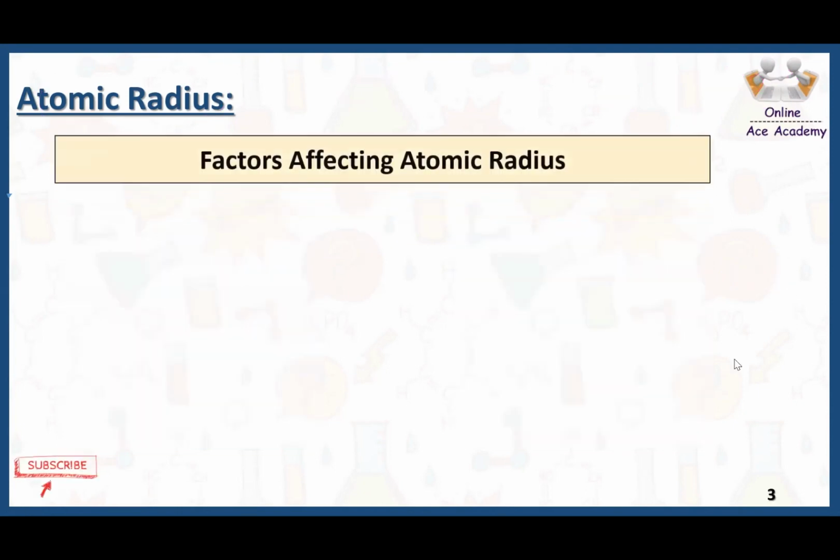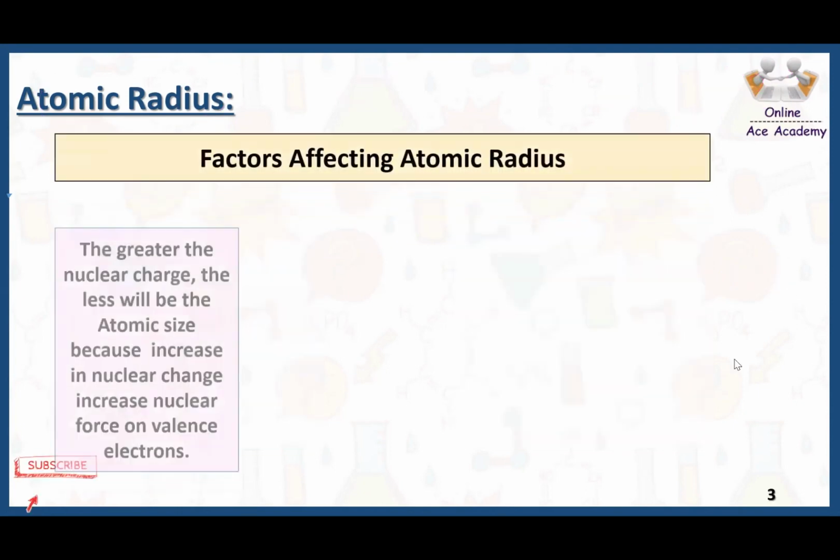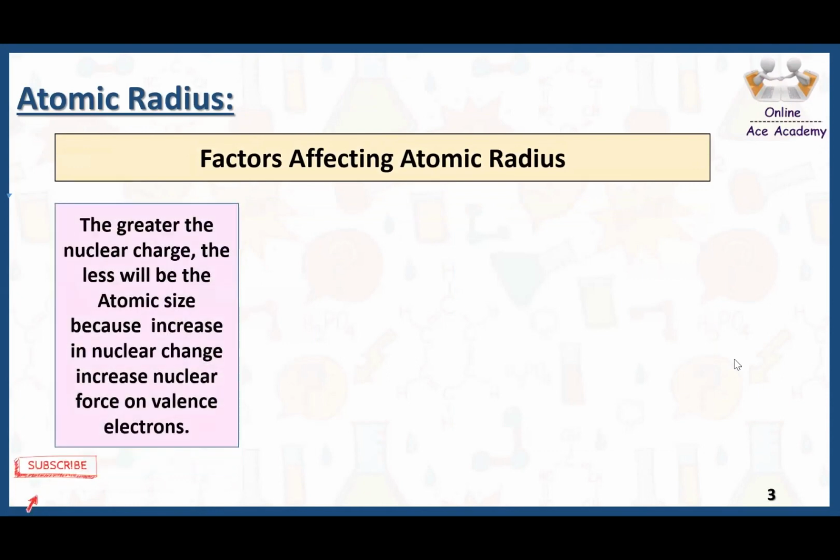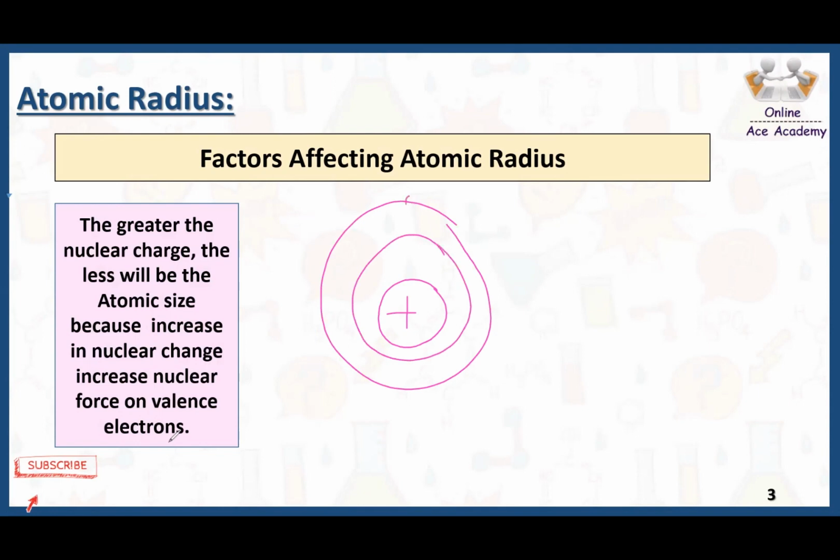Now here we have some factors that affect the atomic radius. The greater the nuclear charge, the less will be the atomic size, because an increase in nuclear charge increases the nuclear force on the valence electrons. If the nuclear charge is greater, the nucleus will attract the outermost electrons or the outermost shell towards itself with more strength.